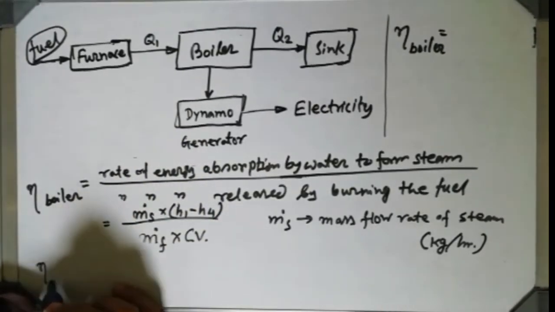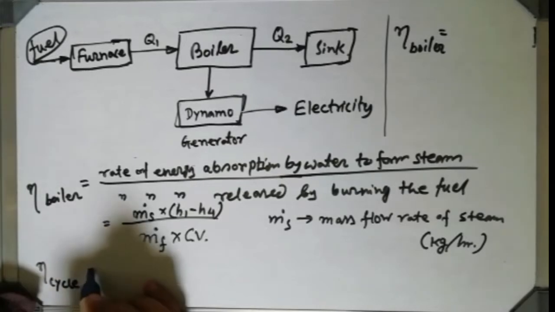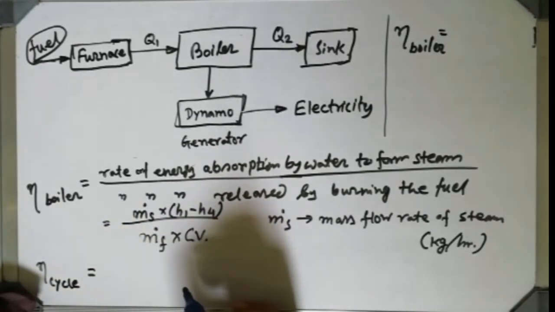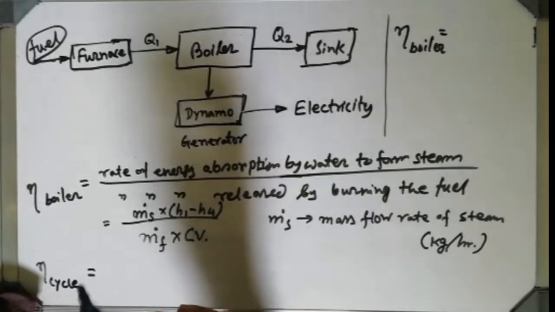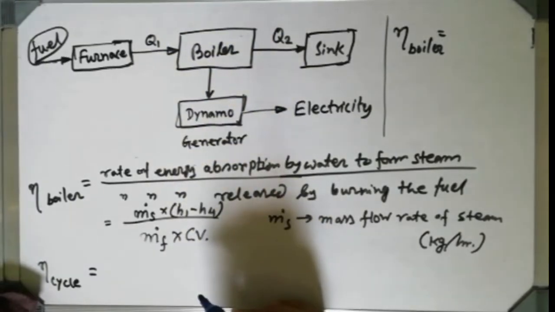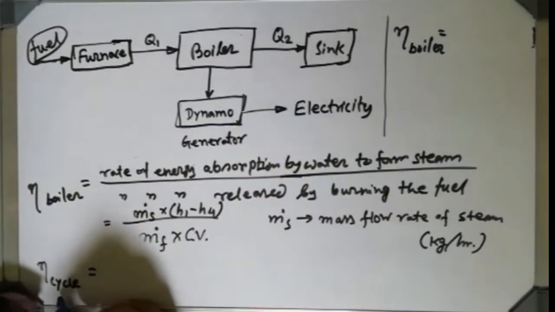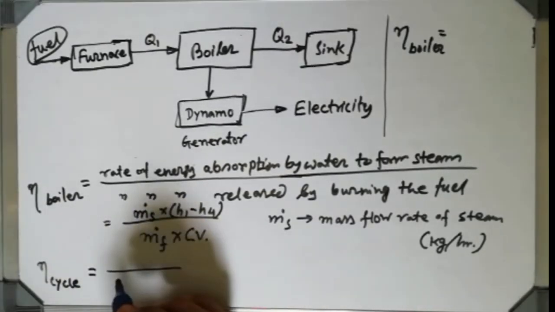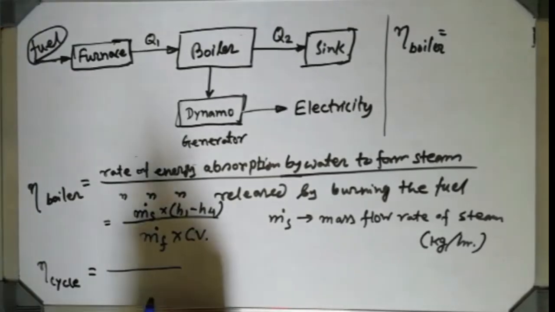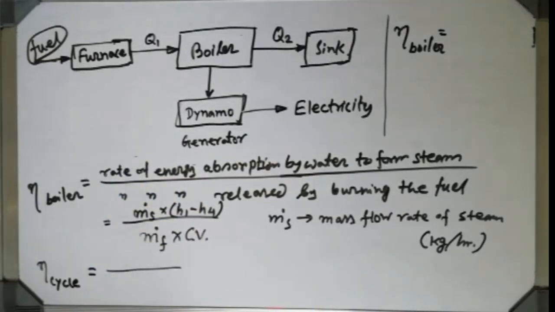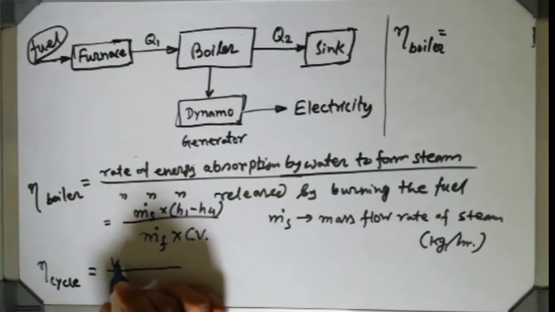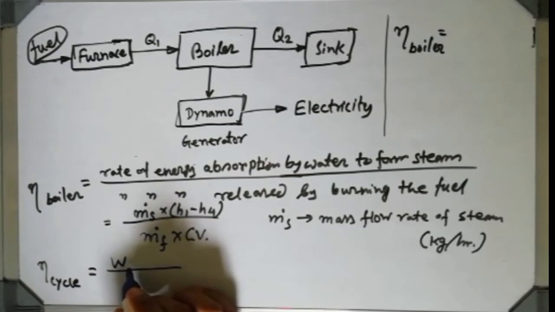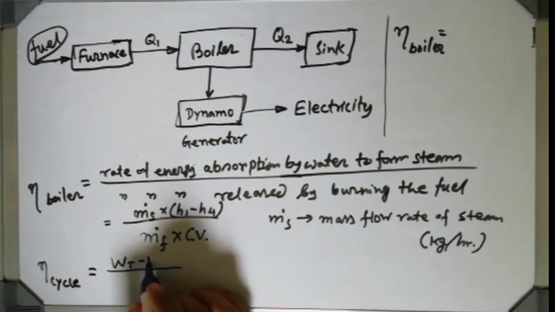Then coming to eta cycle, that means the cycle efficiency. Cycle efficiency means Rankine cycle efficiency. Here this cycle means the Rankine cycle. For that Rankine cycle, obviously output to input should be there. So what are the output or what are the input? You can see that H1 minus H2, I can write it like this: the net work it is producing, that is WT minus WP.